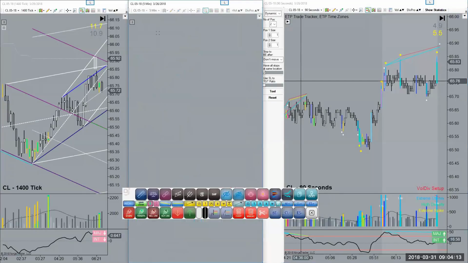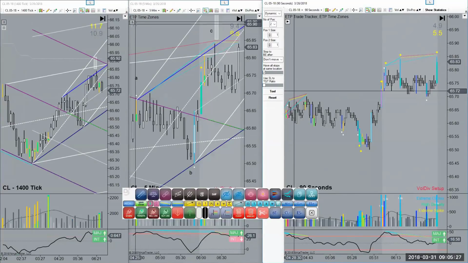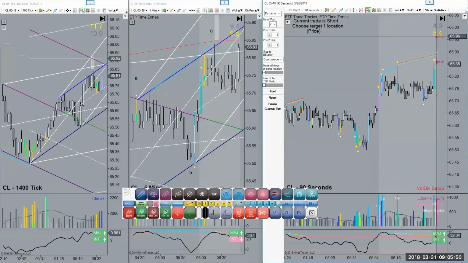So now I need to reload these two. All right, so I've reloaded these. Still have these slaves. Yeah, okay. So at this point, again, we're at the top there, top of all these channels. So I click on Tool, the exact bar and price that I want to enter, and then 96 for the stop.